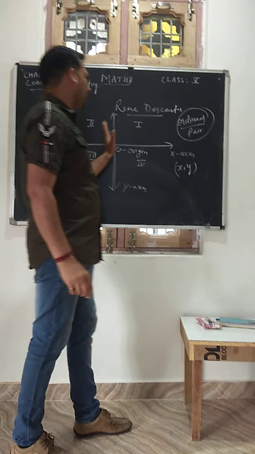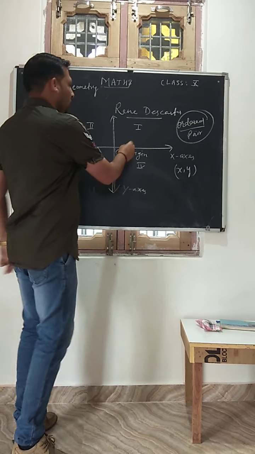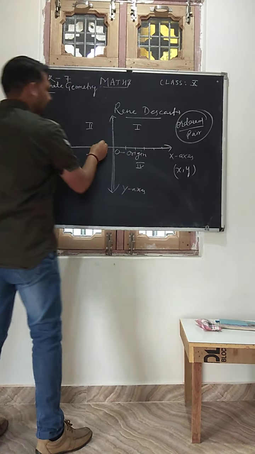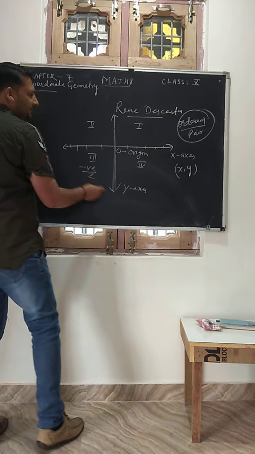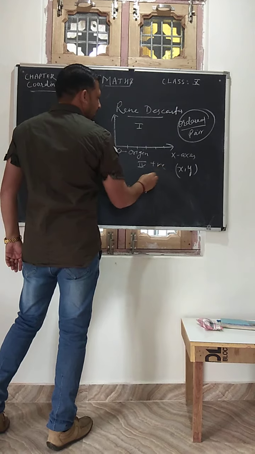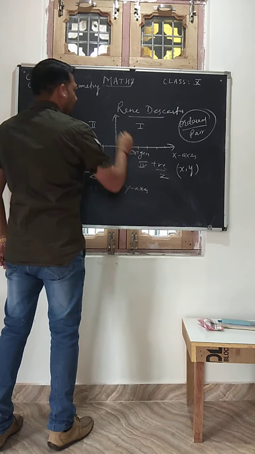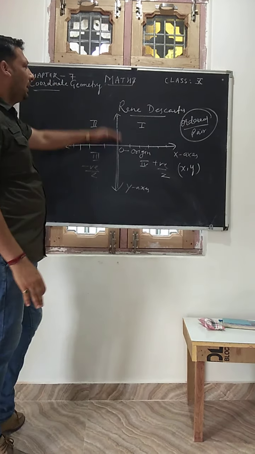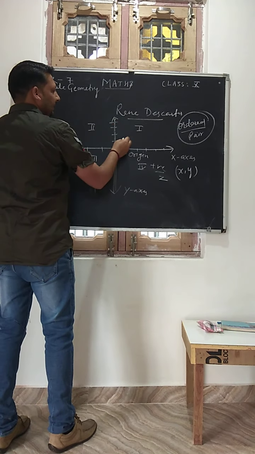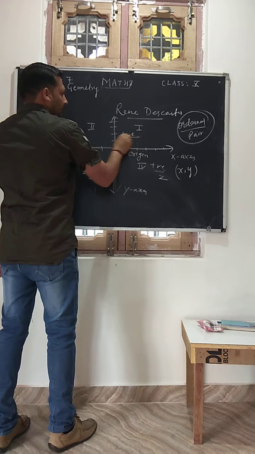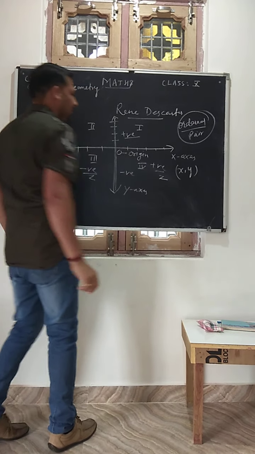Now, on the right hand side of the origin we take positive integers, and on the left we take negative integers. On the upper side, above the origin, we always take positive integers of the y-axis, and here we take negative integers.